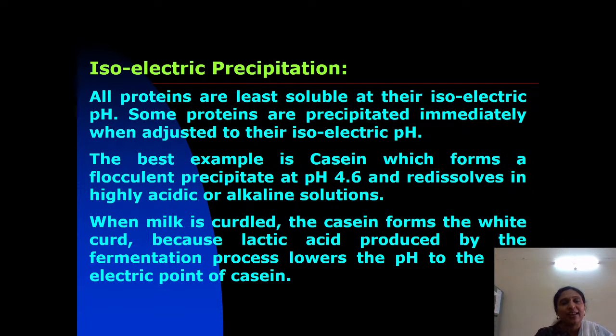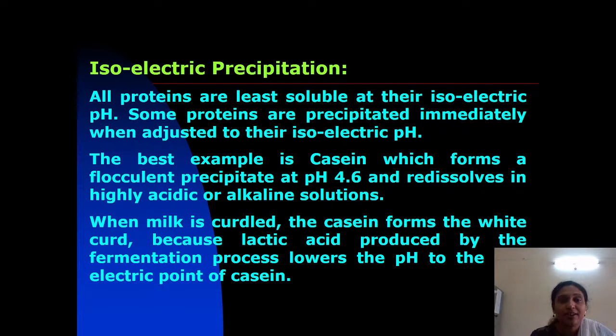And the next one is isoelectric precipitation. You know that a precipitating agent should have one of these properties: bringing the protein to its isoelectric pH, neutralizing the charge, decreasing the availability of water, or causing denaturation.